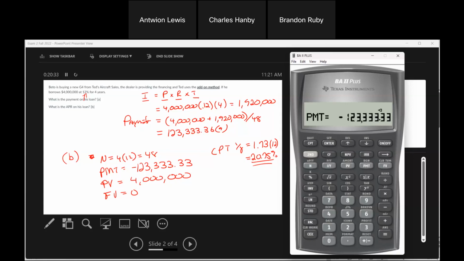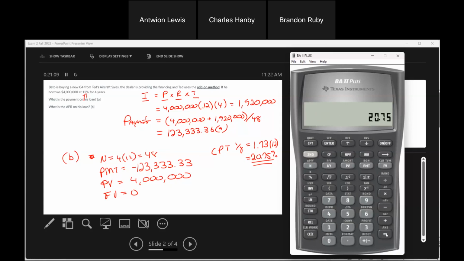Then I got my 4 million, my PV, and then 4 years monthly, 4 times 12 is 48, and 0 future value, and then compute IY, get 1.73. And then I multiply that by 12 to get an APR, annual percentage rate, 20.75%.